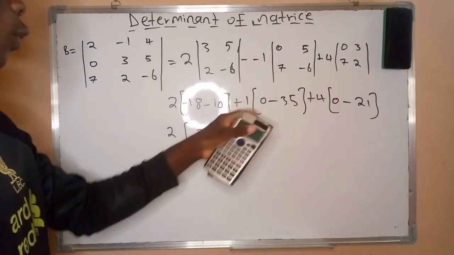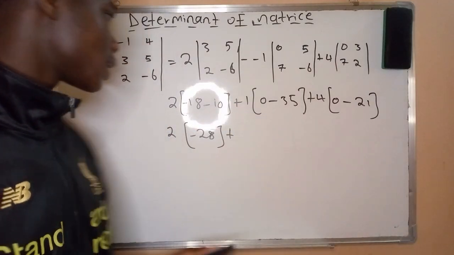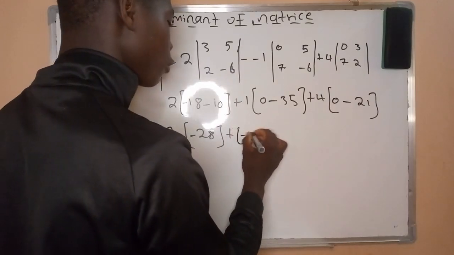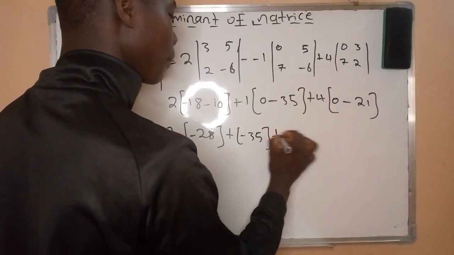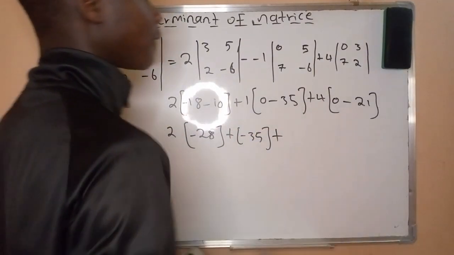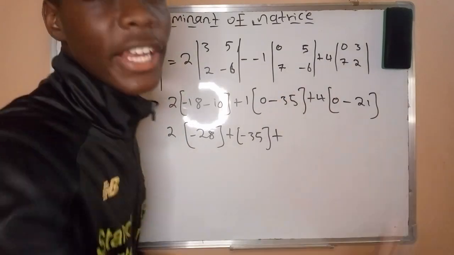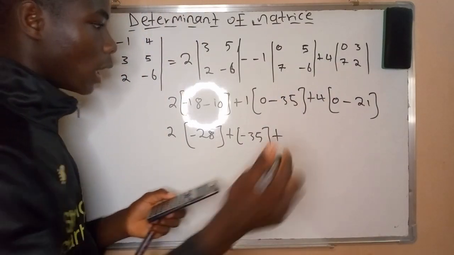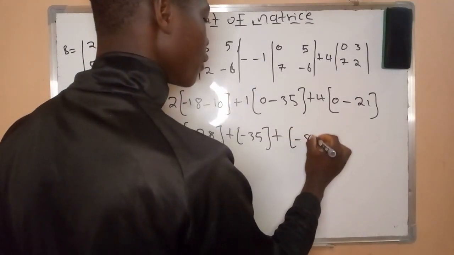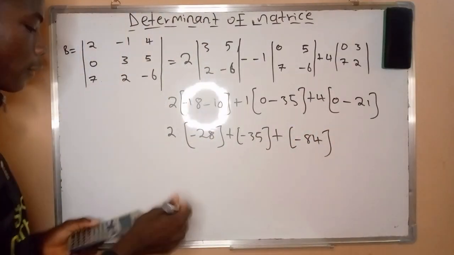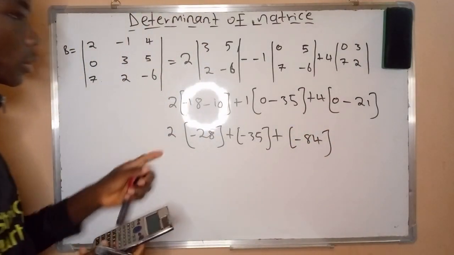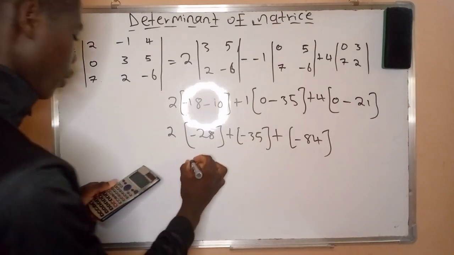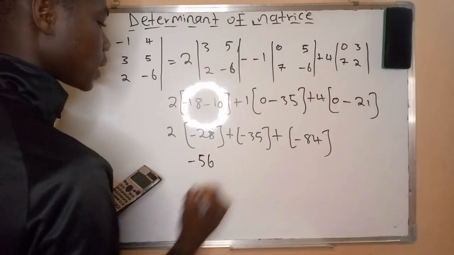And therefore, 1 multiplied by minus 35 is still minus 35. So therefore minus 35 plus 4 multiplied by minus 21. If I say 4 multiplied by minus 21, I will have minus 84. So therefore, 2 multiplied by 28, 2 times 28, I will have minus 56.